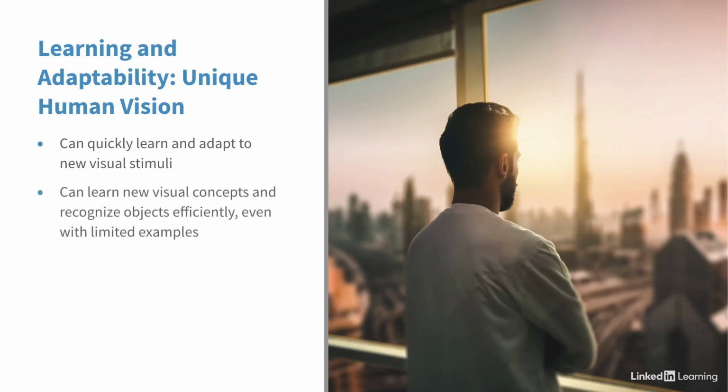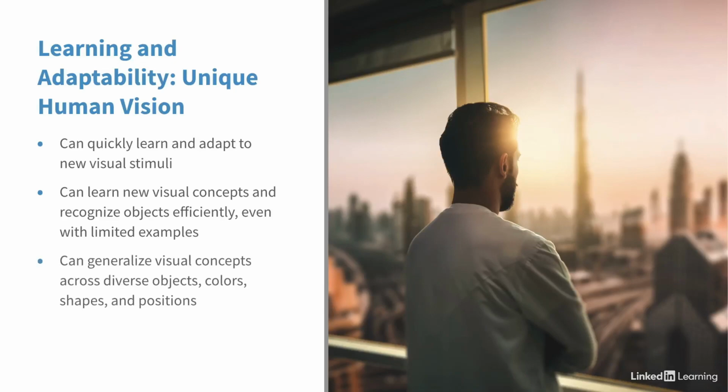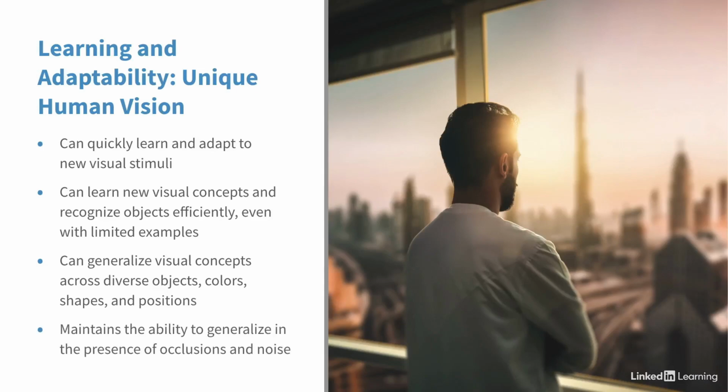You and I can learn new visual concepts and object recognition very efficiently, even with limited examples. Our vision generalizes visual concepts across different objects, colors, shapes, and positions, even when occluded or when noise is present.